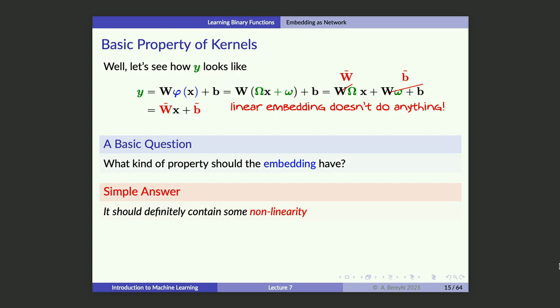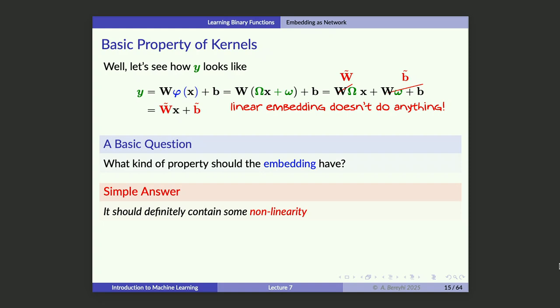So the key point in the whole SVM world is that the embedding you're computing, it doesn't matter what its dimension is, it doesn't matter how you compute it, it really needs to be somehow nonlinear. If you do a linear transform, even if you increase the dimension, it doesn't work.